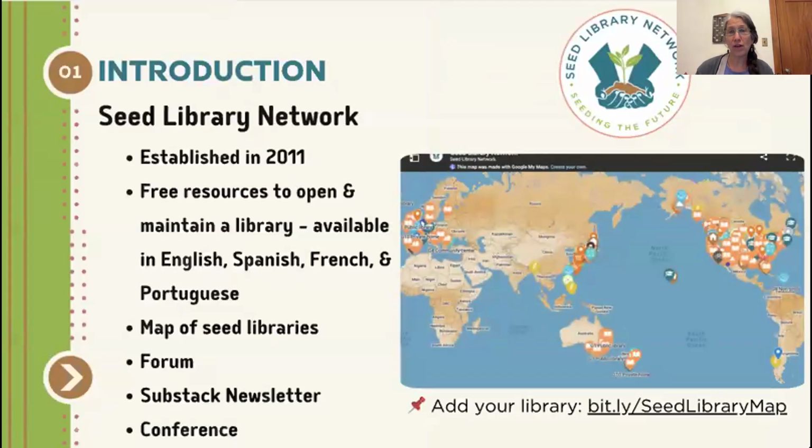So first off, the Seed Library Network. Basically, I created the Richmond Grows Seed Lending Library, a local seed library in the public library where I live. I got the idea because the oldest seed library in the current modern sense is in Berkeley, the town next to where I live.